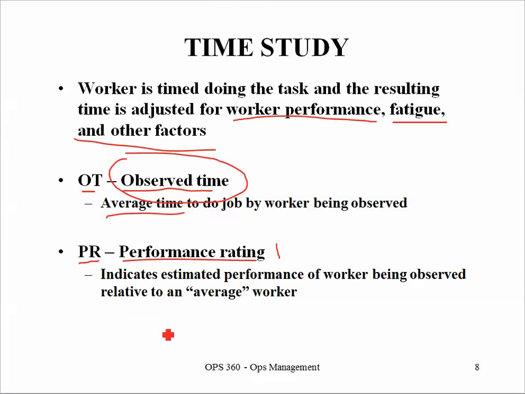So for example, if an average worker had a performance rating of 1, and the worker I was observing I thought was 10% faster than that average worker, then the performance rating of that worker would be 1.1. They're basically working at 110% of normal, so they get a higher performance rating. If they were 10% slower, then they get a performance rating of 0.9.